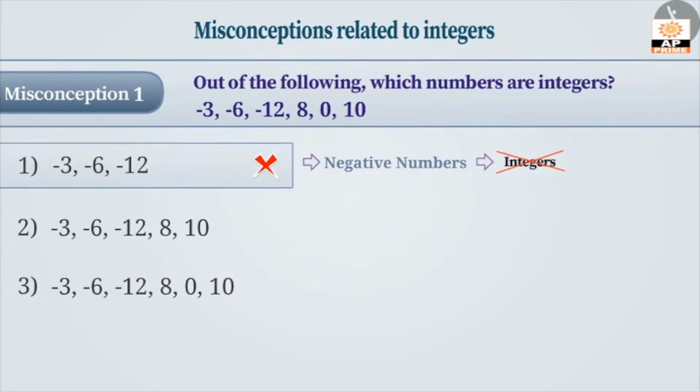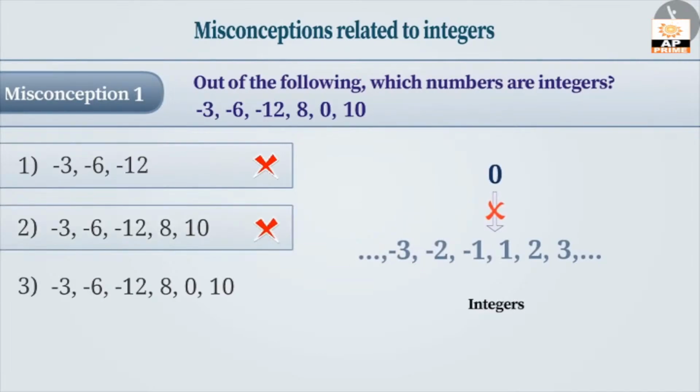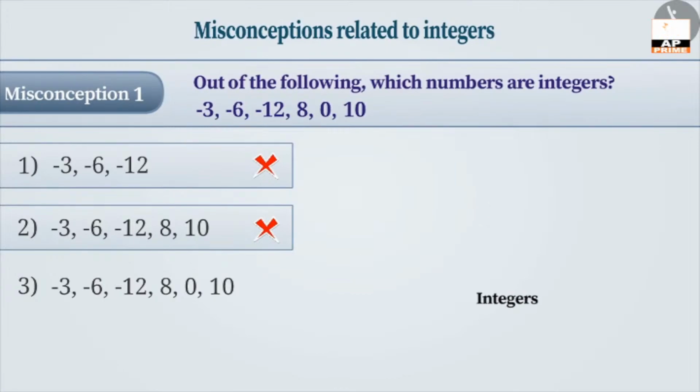Similarly, it is understood that the collection of integers has positive numbers and negative numbers alone and no 0, which will lead you to choose option 2, which is again incorrect. The correct answer is obviously option 3, since integers include all negative numbers, positive numbers, and 0.